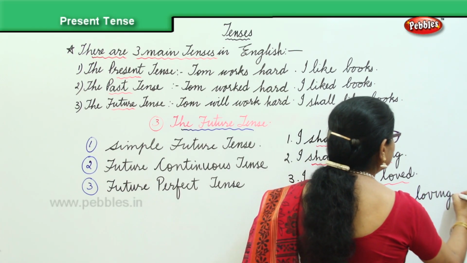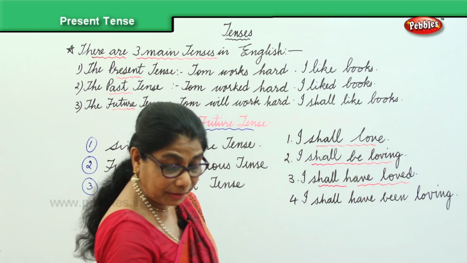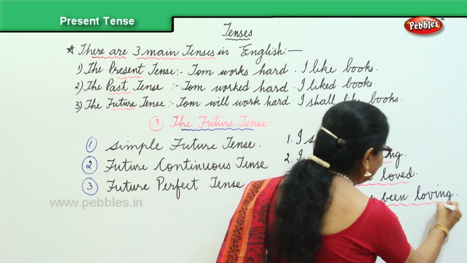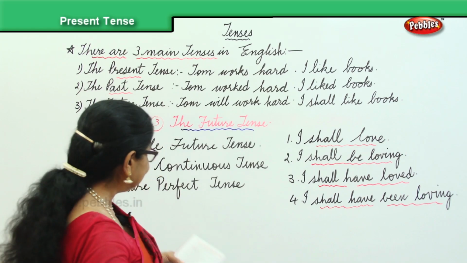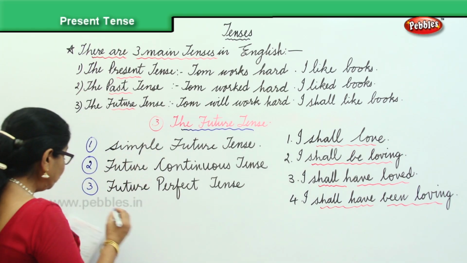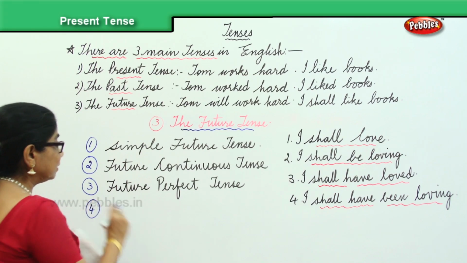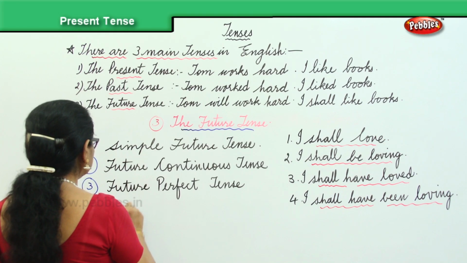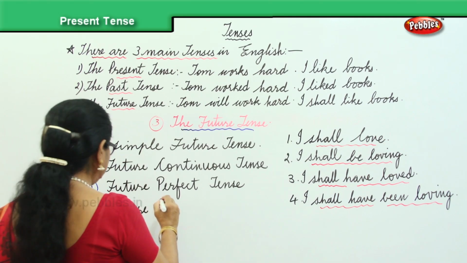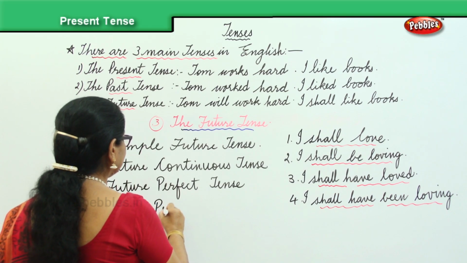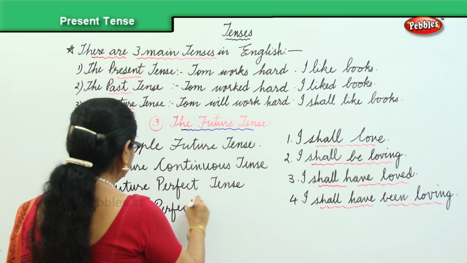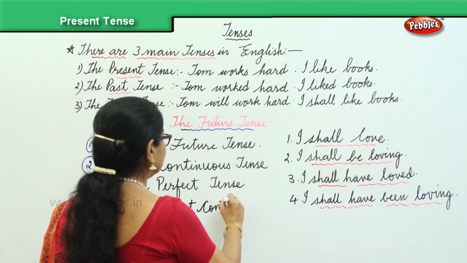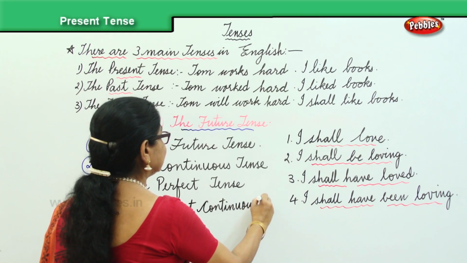When you talk about shall have been loving, the verb indicates that it is in the future perfect continuous tense.